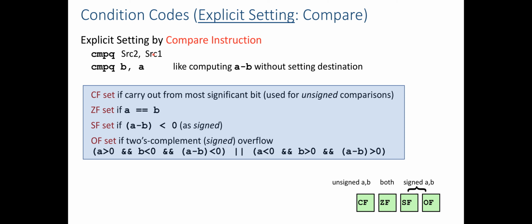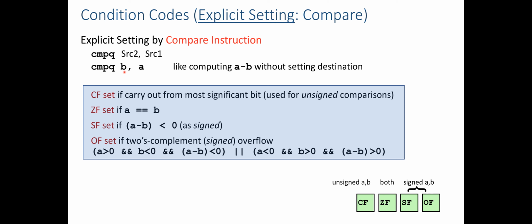Now what happens here though is we have really two sources and no destination, because no destination is actually set. This compare instruction is really used to set these condition codes. And so compare is as if you're taking source 1, which notice is over here on the right, and source 2, and subtracting them.